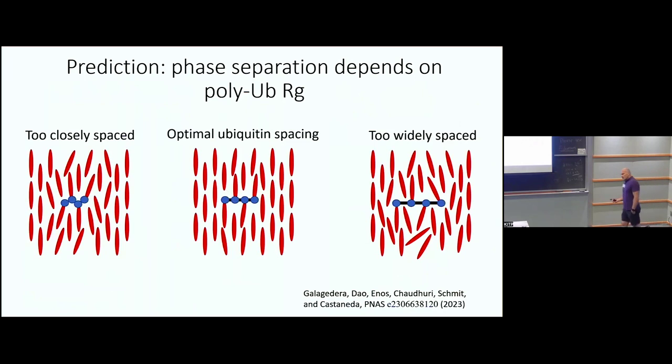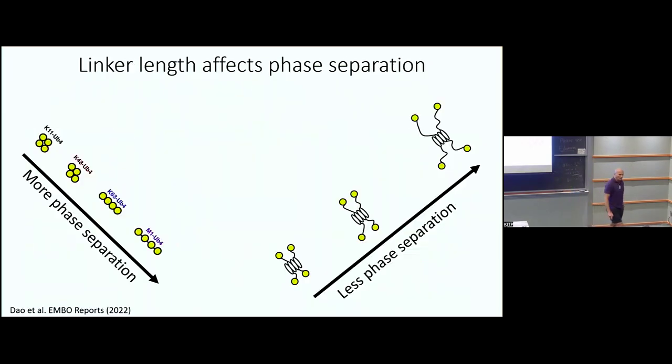What this model predicts is that there is a relationship between the geometry of these ubiquitin chains and the ubiquilin fluid. If you have a ubiquitin chain that has an appropriate spacing, a spacing that is commensurate with the mean density of these ubiquilin molecules within their fluid, it's going to fit well. Whereas if the molecule is too small or too large, you're going to get a local disruption of the network.